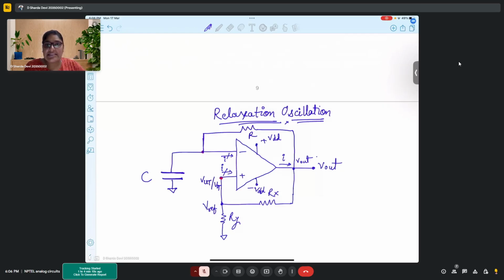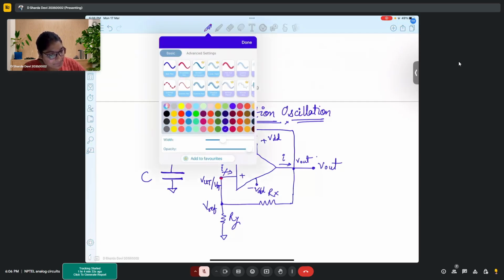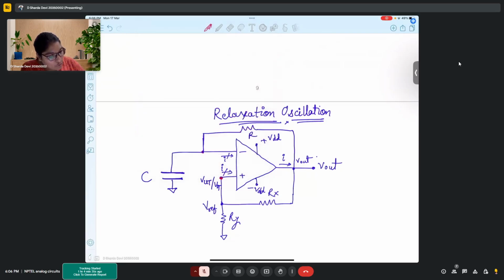So now see what is happening in this particular circuit. Without this R and C, it was a Schmitt trigger. We all understood how Schmitt trigger is working. Everything is fine with us, right? Now, what is this RC circuit doing here? Because of this presence of R and C, what will happen is, let's say your output is at plus VDD.